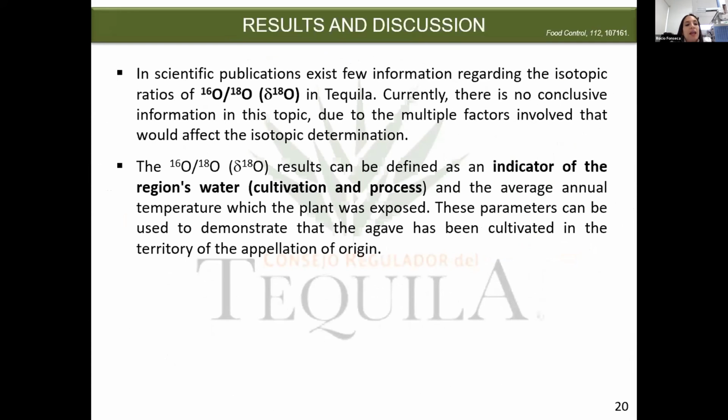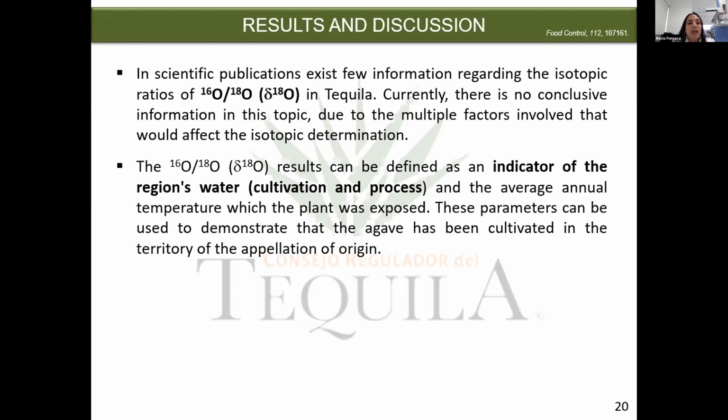But the isotope ratio results of carbon and oxygen can be defined as an indicator of the region's water, cultivation process, and the average annual temperature to which the plant was exposed. These parameters can be used to demonstrate that the agave has been cultivated in the territory of the appellation of origin.